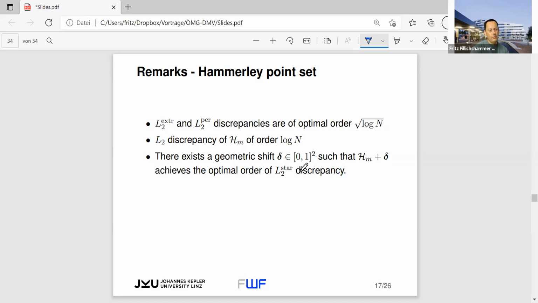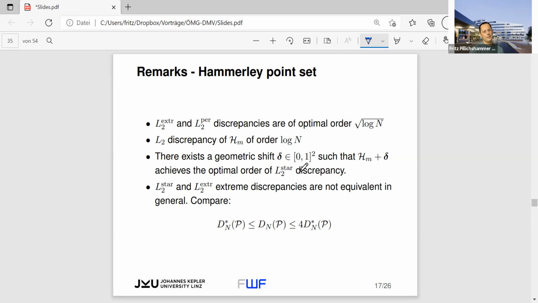What we also can infer from our exact formulas is that the L2 star and L2 extreme discrepancies are not equivalent in general. This is in contrast to the L infinity case. For the L infinity case, it's well known and it's an easy exercise in discrepancy theory. When you give a lecture, it's for sure an exercise in one of the first hours.